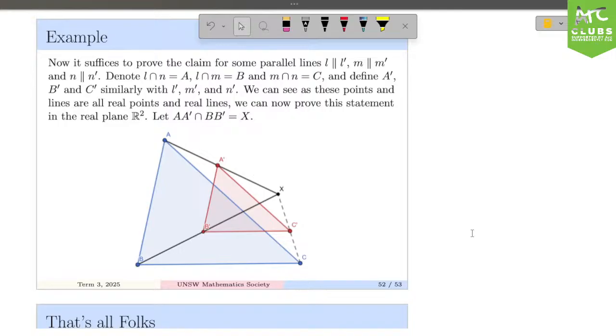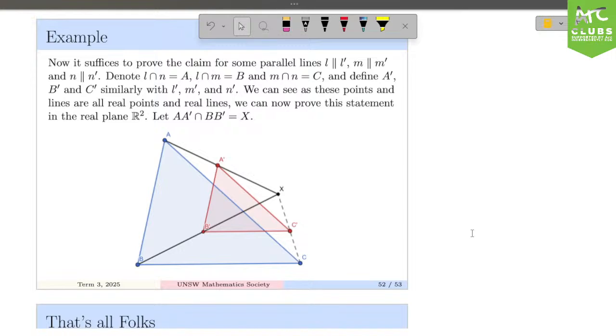And remember, one property of stretch maps is that when we have some property like this, then the stretch is centered around D.